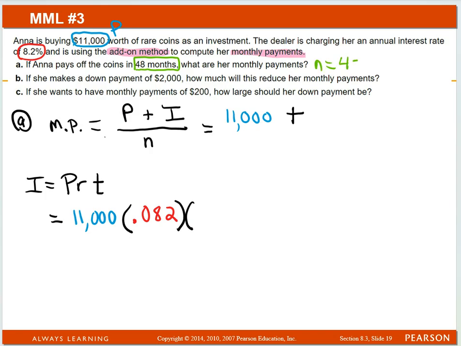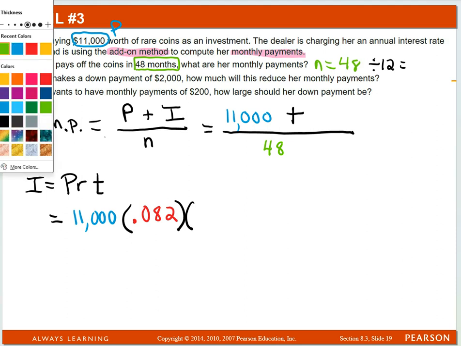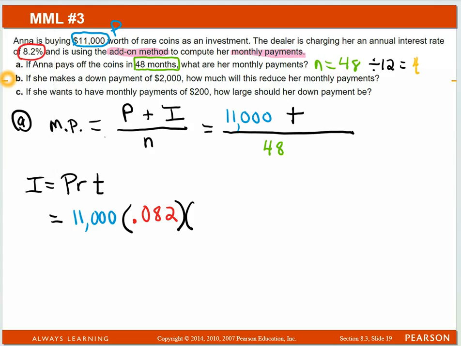So my denominator is 48, but if you take the 48 and divide it by 12, you will get 4, and that is 4 years. It just happened to work out to be just like the previous problem with the 48 and the 4.